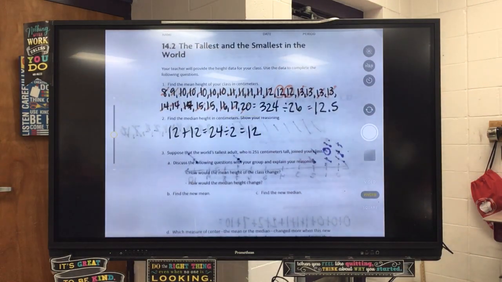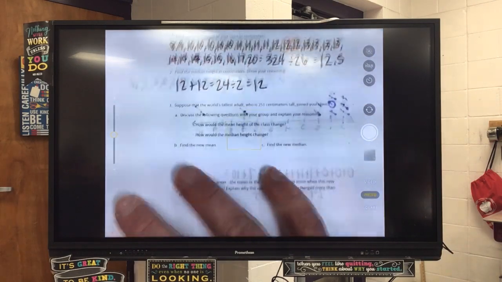How many of you got 12 as your median? Okay, alright. So now let's slide down.